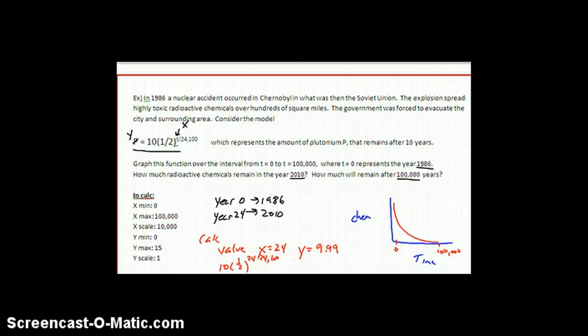So again, go back to your calculator and hit calculate and plug in an x equals 100,000, and you would find that y would be 0.56. So there'd be 0.56 left of this chemical in the air 100,000 years after the explosion, which the government then has deemed to be enough that it's safe for people to come back in after a certain time.